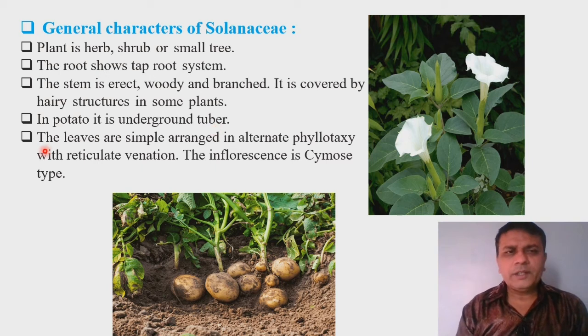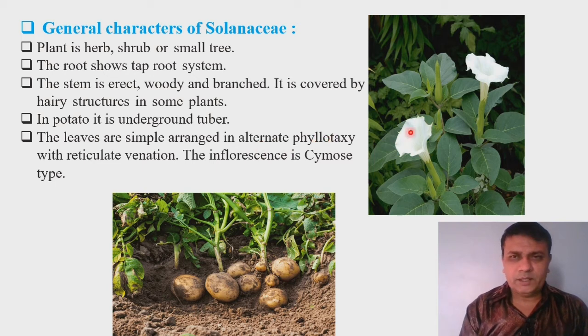Then the leaves. The plants belonging to family Solanaceae show simple leaves, and the arrangement of the leaves is alternate. That means they show presence of alternate phyllotaxy. Here is the example of Solanaceae, that is the Datura plant.